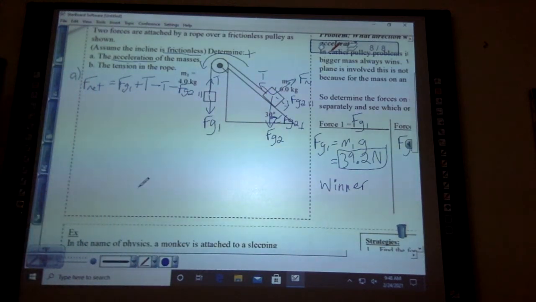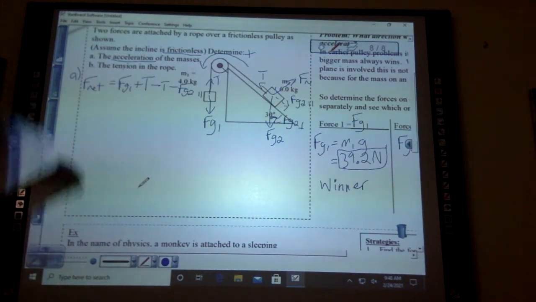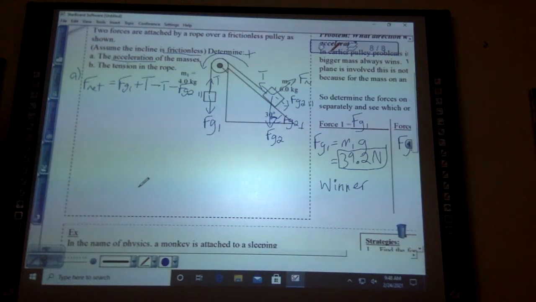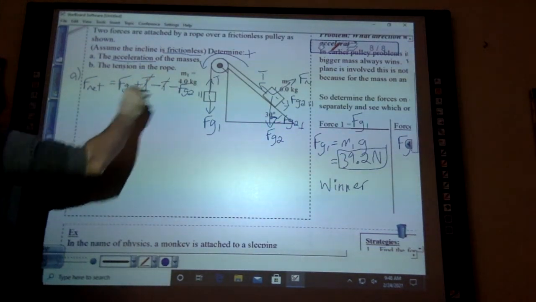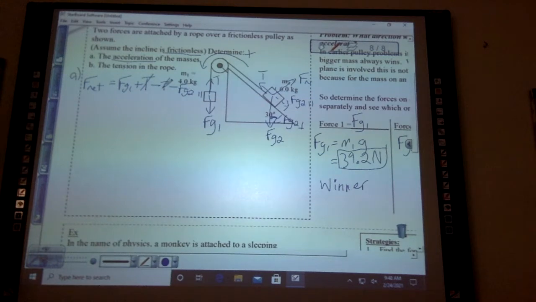And those are all the forces we've got acting. So F net, we looked at the entire system. What are all the forces moving in the direction of motion minus the forces that are opposing that? Notice my two tensions cancel. This is why tension is an internal force, meaning it cancels out of the whole system.